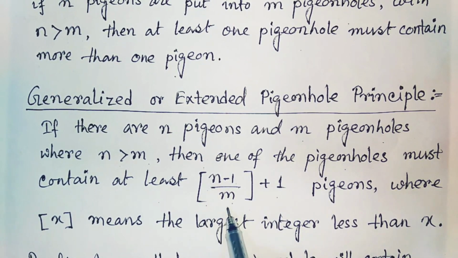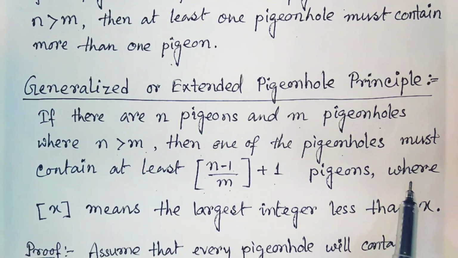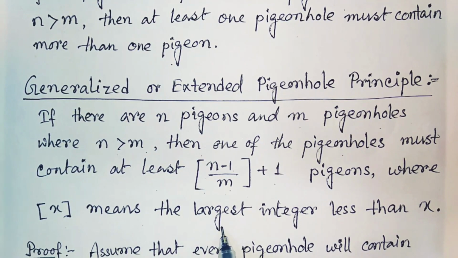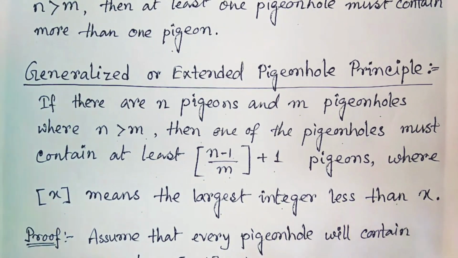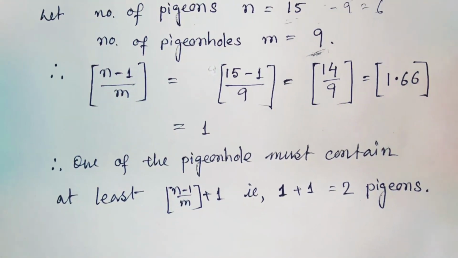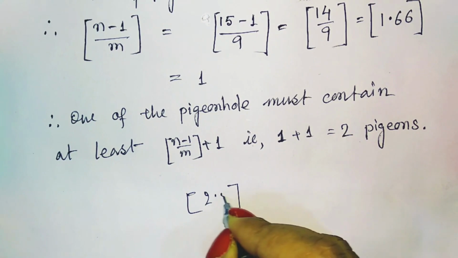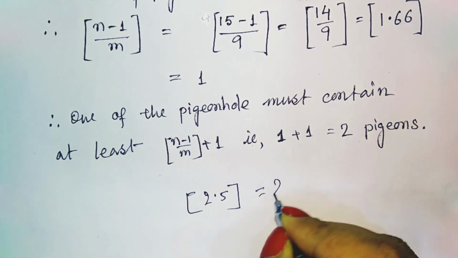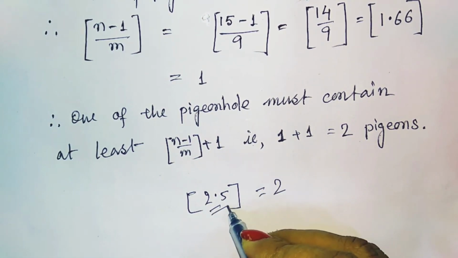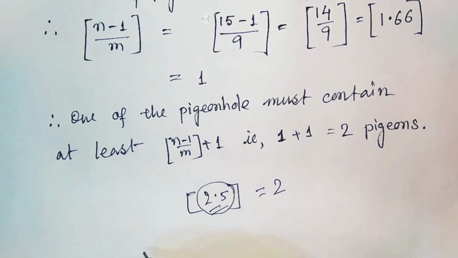I hope you know the floor function, but still let me tell you what it is. Floor of x means the largest integer not exceeding x. So if in a floor function there is 2.5, then its value should be 2, as 2 is the largest integer not exceeding this value.